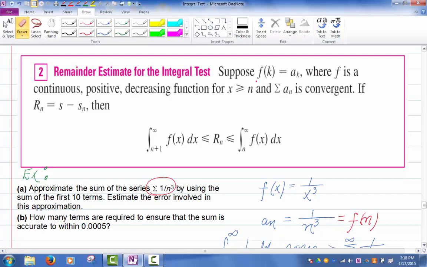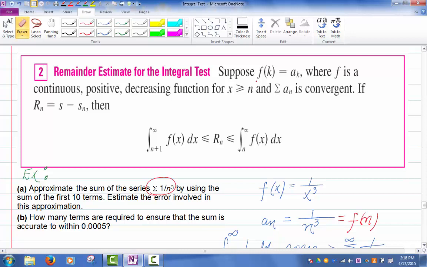Well, the values are the same. So f of k is the value of the function f at k, right? But when you're writing k, you're thinking of k as a positive integer. So you're looking at the value of the function at positive integers versus the value of the function at any real number. Am I making sense?